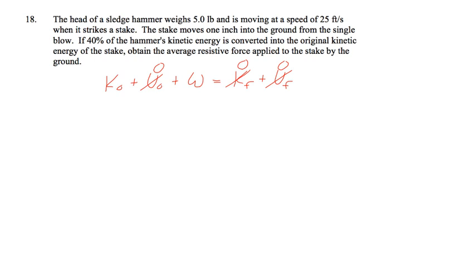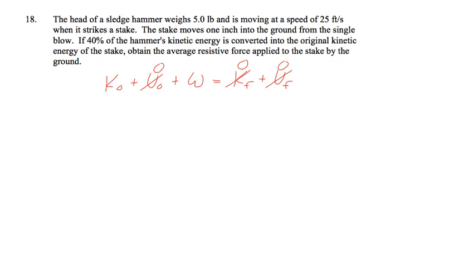And since we're not getting the kinetic energy, we're getting the mass. Well, we can get the mass and the velocity. And since we're not getting the work, but we're solving for force, and we know distance, we know it's going 1 inch into the ground.